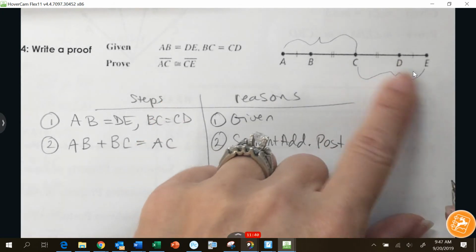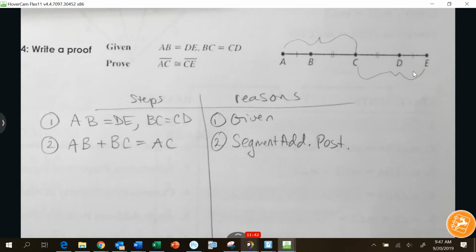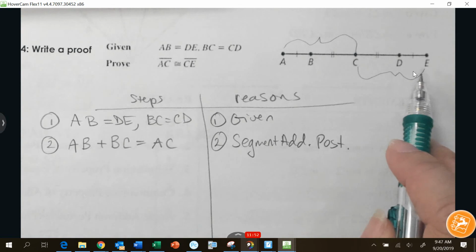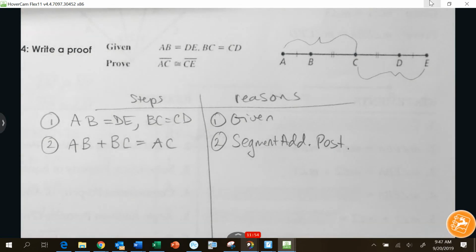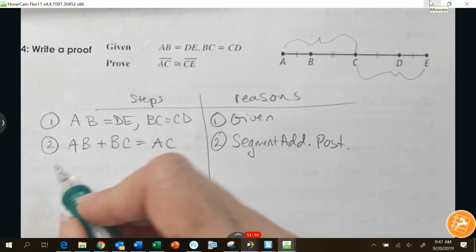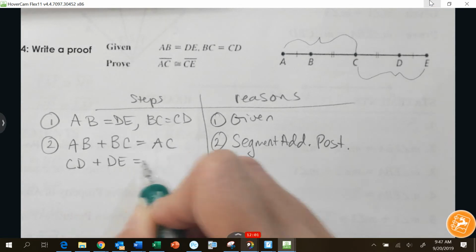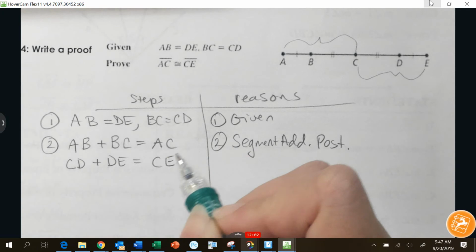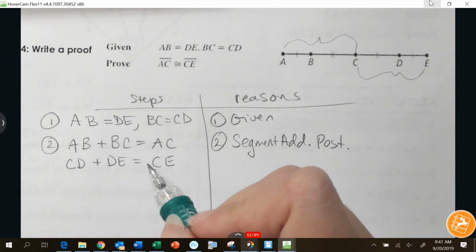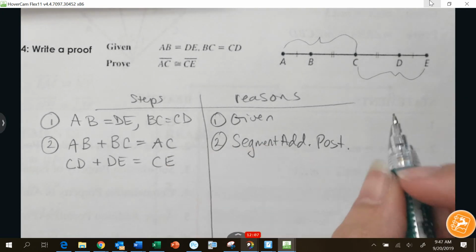I'm trying to get CE. How can I get CE? And Austin, you guys are a team. Two of you together. How can I get CE? CD plus DE. Yeah. CD plus DE equals CE. Which one of you answered? I wasn't looking. That was Austin. Okay. Good job, Austin.